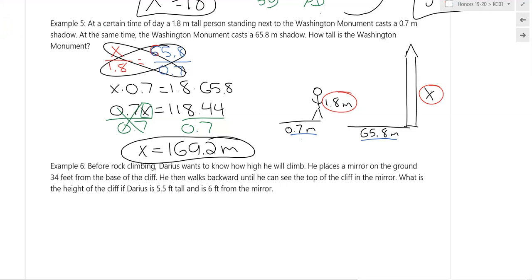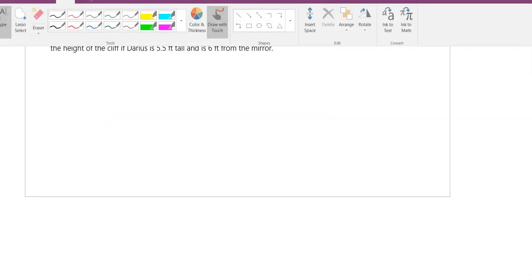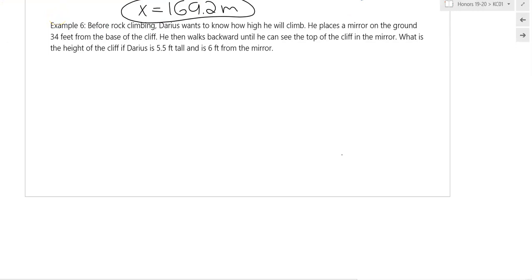Alright, example 6. Before rock climbing, Darius wants to know how high he will climb. He places a mirror on the ground. Here is our mirror on the ground. 34 feet from the base of a cliff. Here's our cliff. So we know this distance is 34.